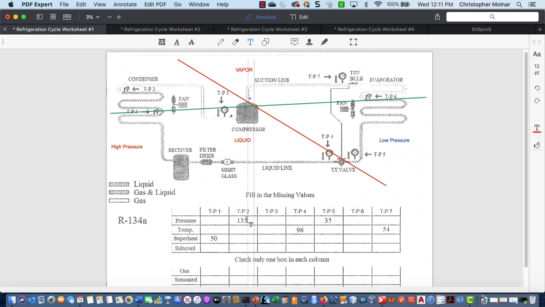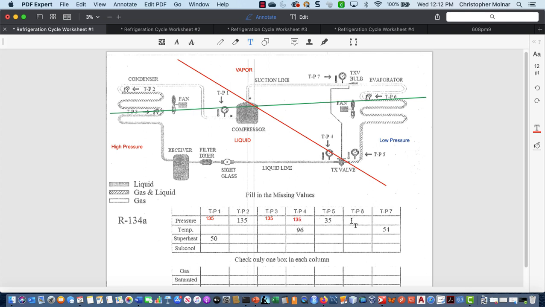If TP2 is 135 pounds, that's what we're being told. Every pressure reading on the same side of my metering device and my compressor is also going to be 135. TP3 is on the same side, it's 135. And TP4 is right there, it's 135.